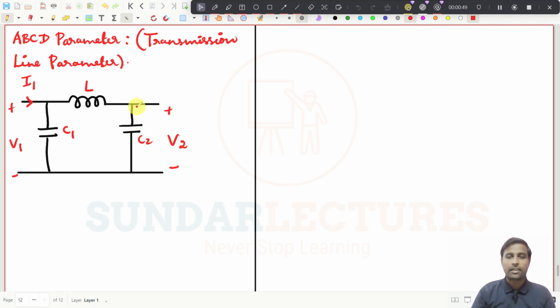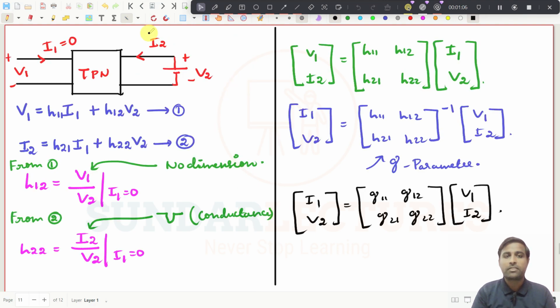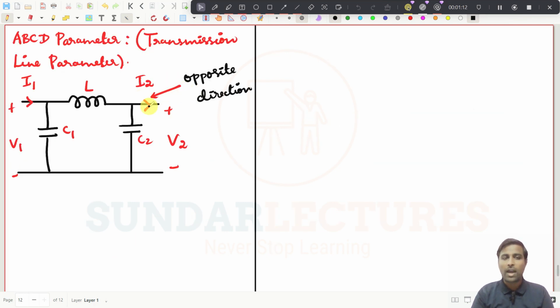Try to understand one thing, this current direction should be like this. This is in opposite direction. Try to understand. You have to take this in this direction, right? Opposite direction as compared to the other three parameters. Try to understand it clearly. Wherever you see, we have taken the current in the opposite direction, but here you have to take the current direction like this only, in opposite direction. Try to understand that one very clearly.